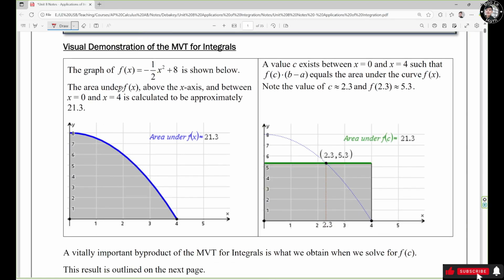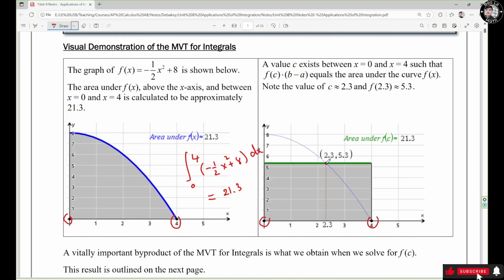Now if you calculate the integral from 0 to 4 of the function negative 1/2 s squared plus 8 ds using the calculator, the answer is 21.3.